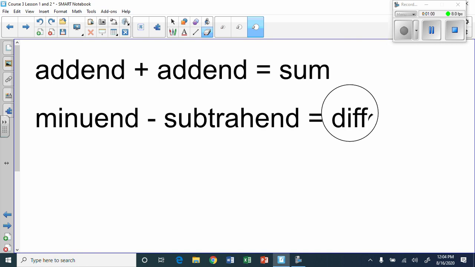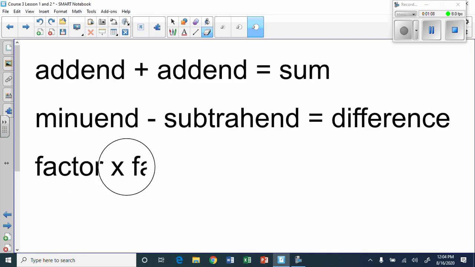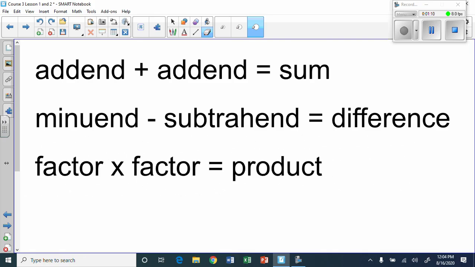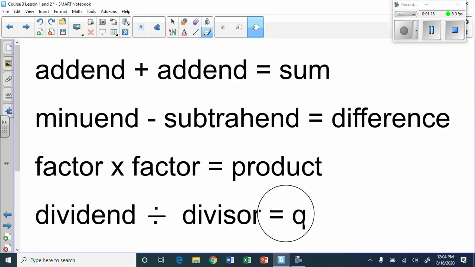For subtraction, the minuend minus the subtrahend equals the difference. A factor times a factor is equal to the product. And a dividend divided by a divisor is equal to a quotient.